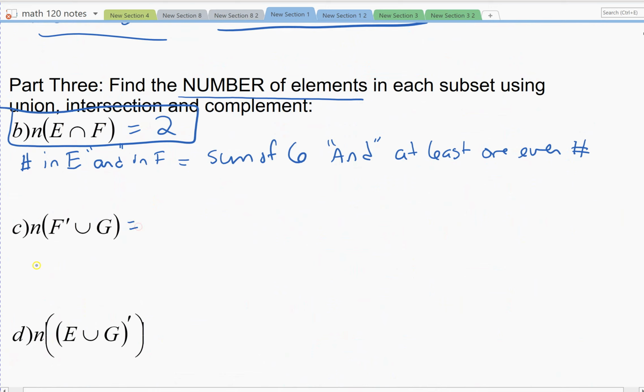Alright, the next example. Remember, that's not, so the number not in F, which we actually found, or it can come from set G. Or is the one you always have to be a little careful of. Alright, so not in F. So remember, not in F was not having an even number, so both are odd numbers.